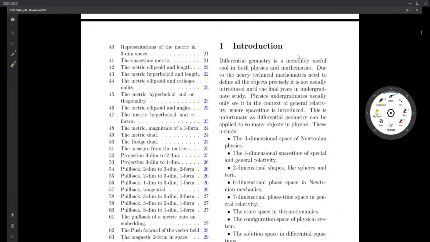Analysis is just a fancy word for calculus, if you're wondering. When all these three come together, you can represent a lot of things. But right now we're not going to be going that deep into that.